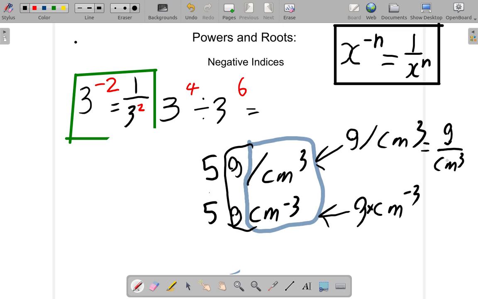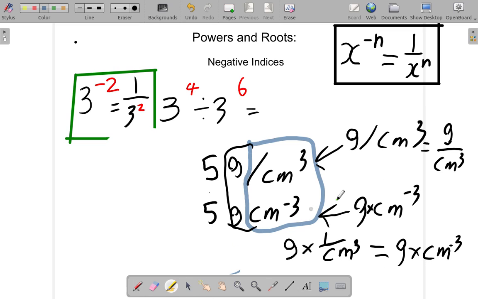Now, the gram over cm cube means the same as gram multiplied by 1 over cm cube. Gram over cm cube is the same as gram times 1 over cm cube. And then, that is the same thing as gram multiplied by cm to the negative 3.